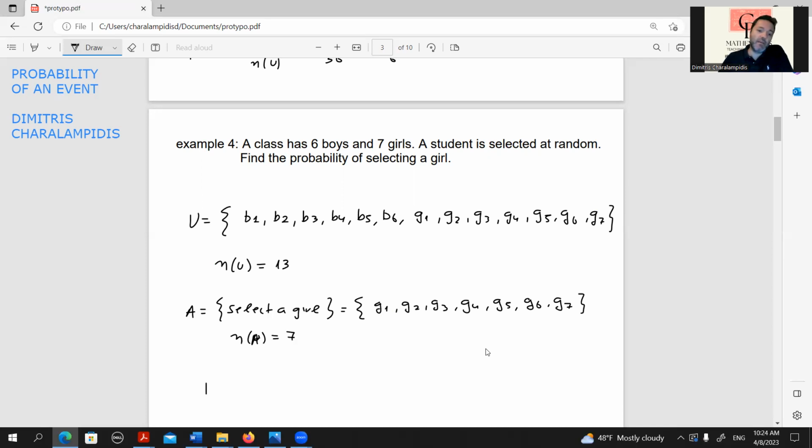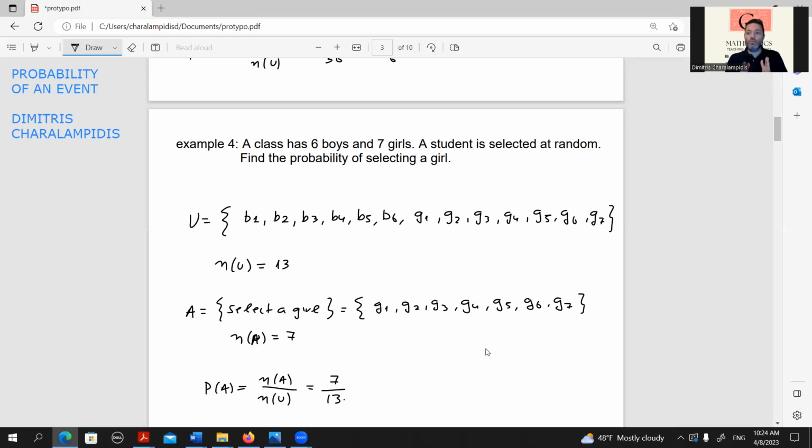And finally, we remember that we define the probability of an event as the ratio of that event's cardinality, the amount of favorable outcomes of that event, over the total possible outcomes of the entire probability experiment. So P(A) would have been equal to N(A) over N(U), which is equal to 7 over 13. And that was all.